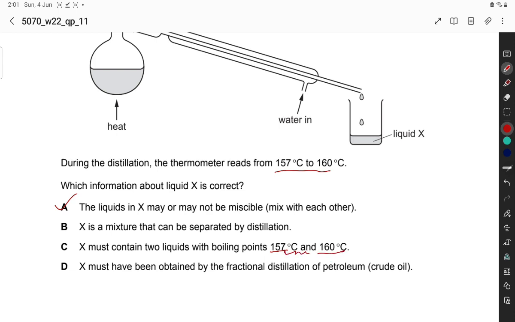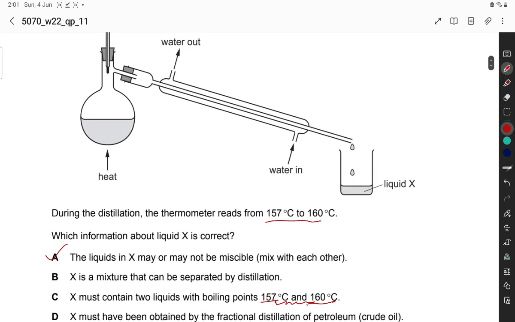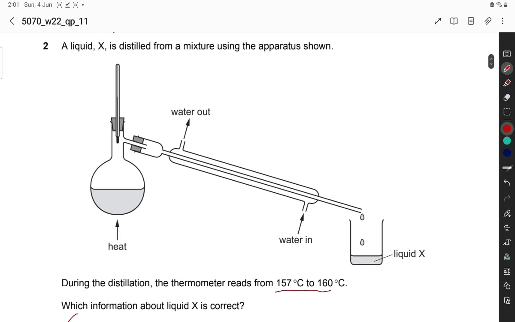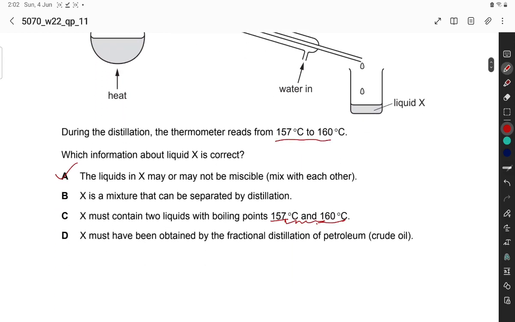This difference is very small, so it cannot be two different liquids, because simple distillation is used to separate a liquid from a solid solution. X must have been obtained by fractional distillation.